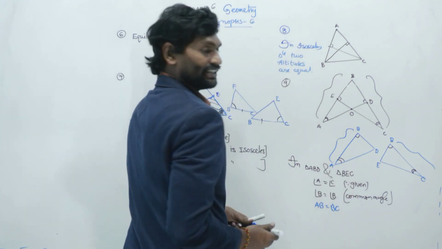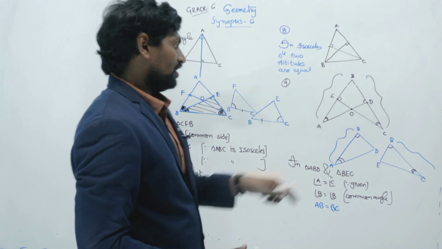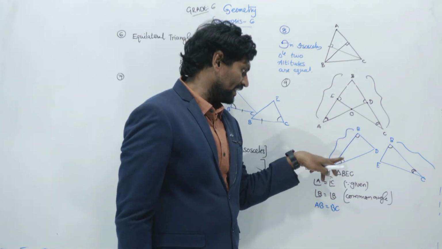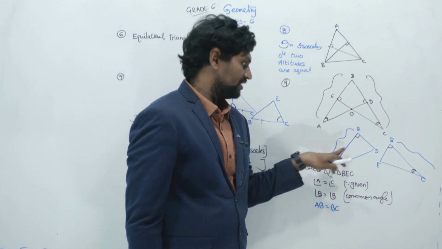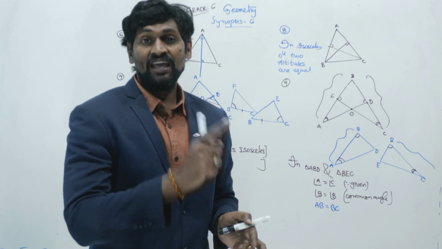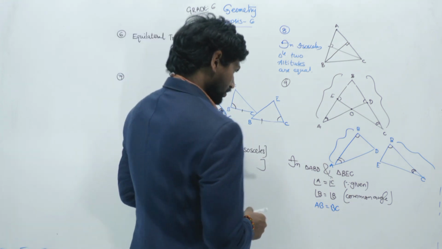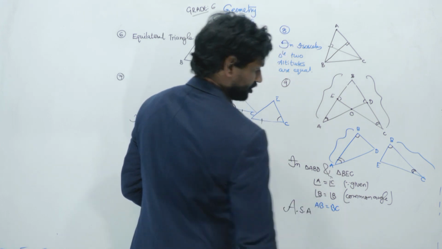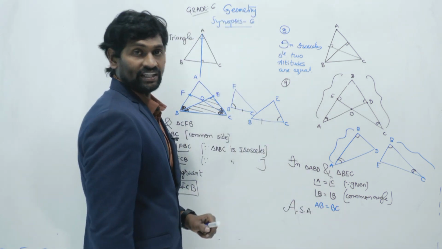AB equals BC. Okay? Two angles. Is it an included side? Yes. Two angles are touched by the side AB, and two angles are touched by the side BC. Yes, it is the ASA congruence rule. We can write these two triangles are congruent.